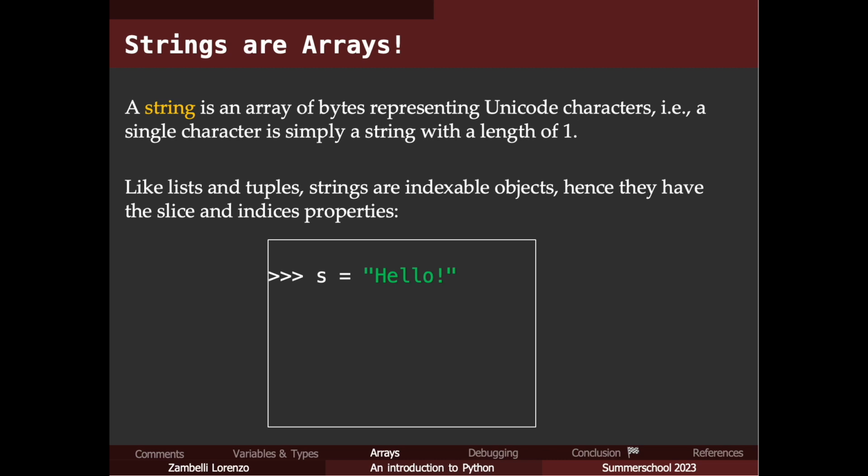Then, since strings are arrays, and in particular they are indexable objects, we can use the same slice and index operations as for lists and tuples. Indeed, we write s equal hello, then index at position 0 gives h.